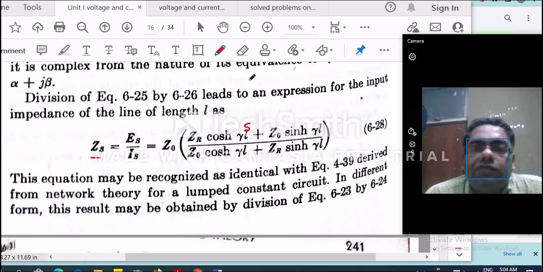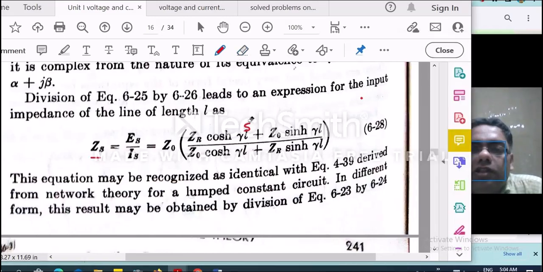Now, we have seen in the previous videos how to find the input impedance at any distance from the load end. We take the ratio of voltage and current and get the expression in this form.